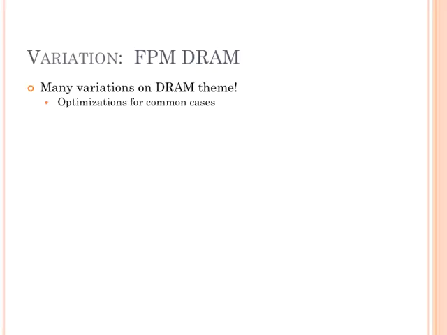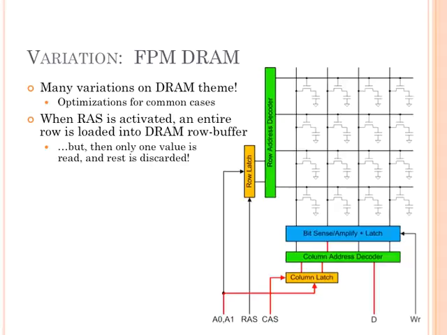Here is an example. You have what's called fast page mode DRAM. You may have noticed that when I activate the row address strobe, I turn on an entire row of memory cells. Remember, it's not a 4-bit word that we're talking about here. It's a 1-bit memory. We just happen to activate 4 cells that are right next to each other.